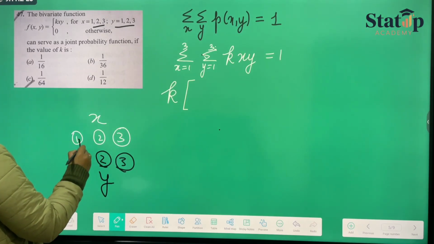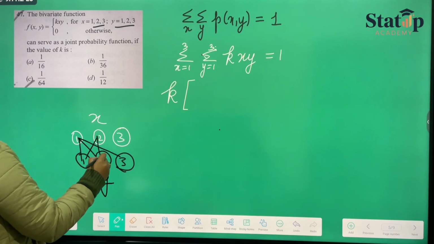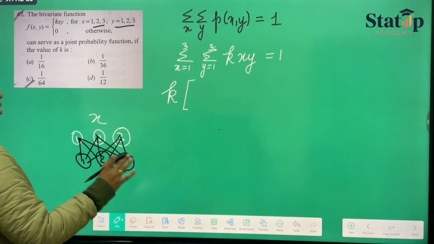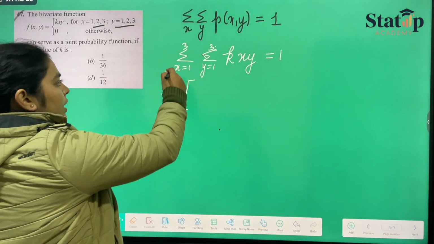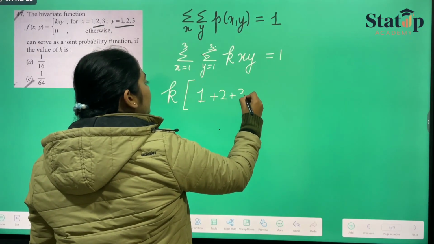What will be the values? 1 into 1, 1 into 2, 1 into 3, 2 into 1, 2 into 2, 2 into 3, 3 into 1, 3 into 2, 3 into 3. All of that should be considered. So I'm just writing the answer: 1 into 1 will be 1, 1 into 2 will be 2, 1 into 3 will be 3.